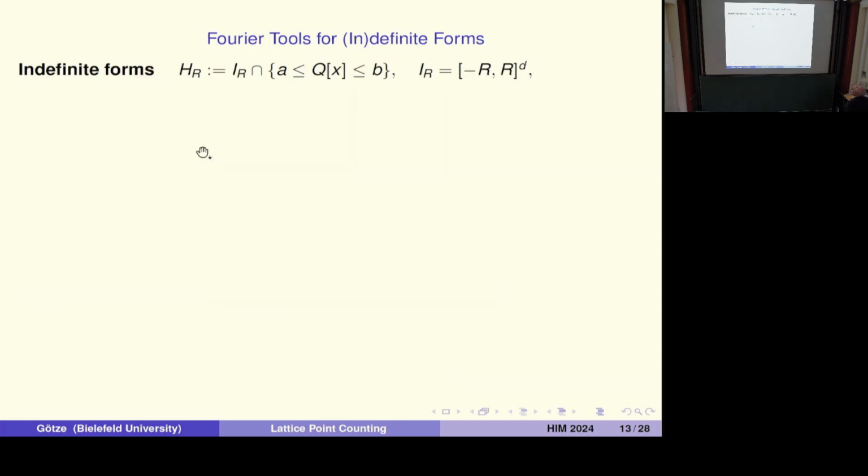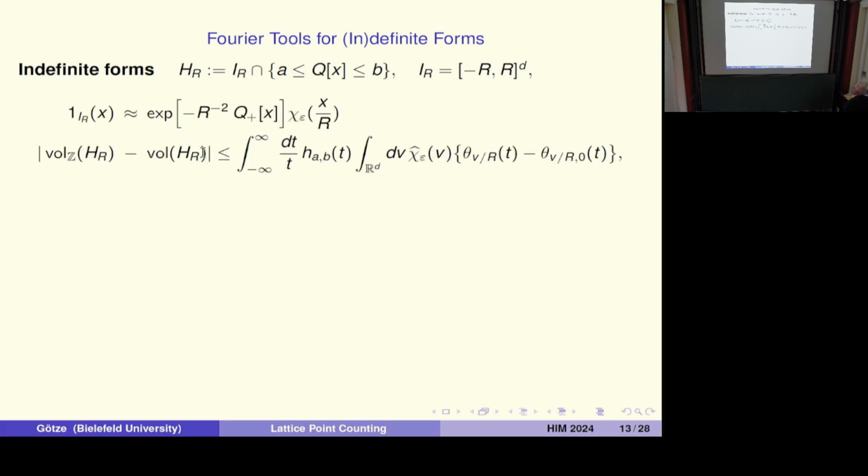Okay, so what are the tools? Now this is a Fourier theory. And let me start with the a little bit more involved case where we take the intersection of two areas. That is, one is a hyperboloid with its infinite, and then we intersect with a box or window. And here we do the following.